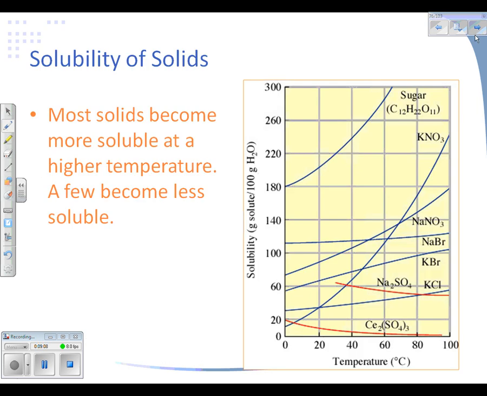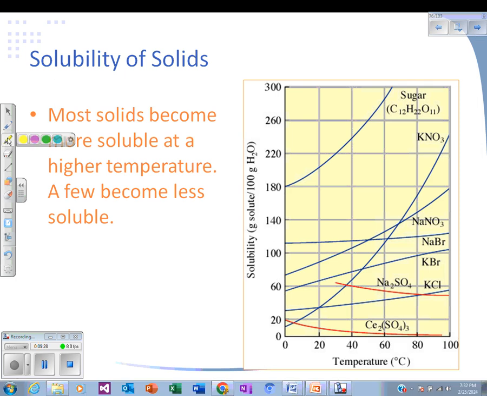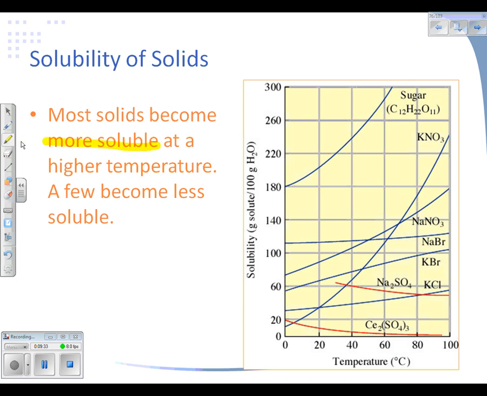So when we're talking about solubility of solids, and this is just something that you can write around it or near it, I think it might be a little bit below it as well in your notes. Most solids become more soluble at higher temperatures. You'll notice that as our temperatures go up, they become more soluble.